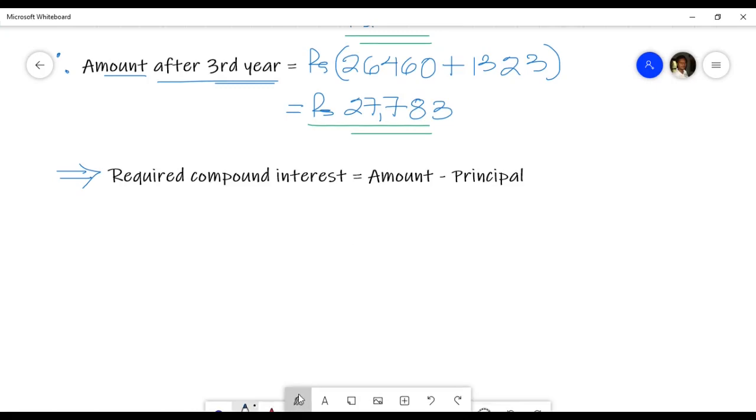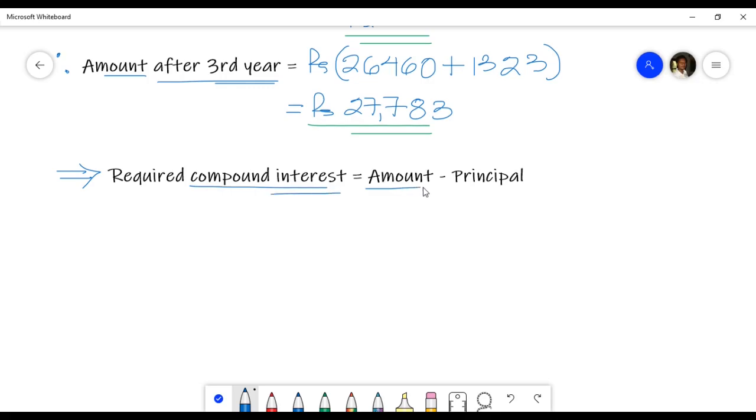So what do we have to find now? The required compound interest. You should very well remember the formula to find compound interest. It is amount minus principal. We'll just replace the values of amount and principal.